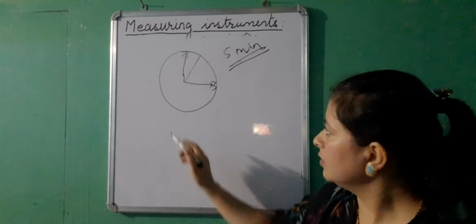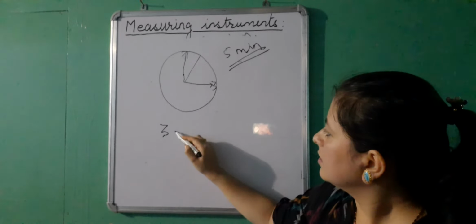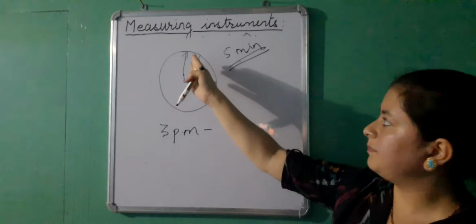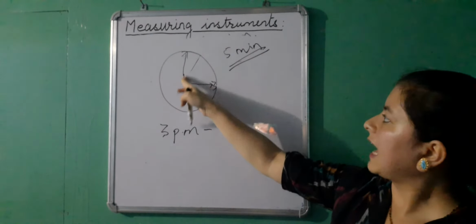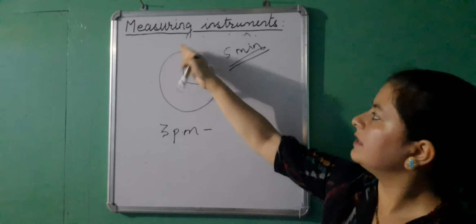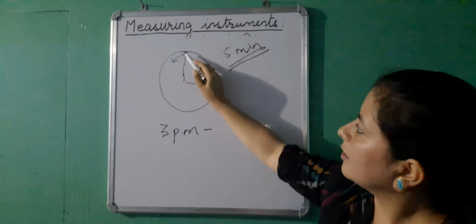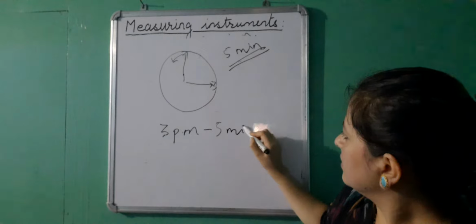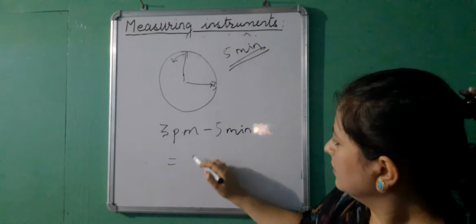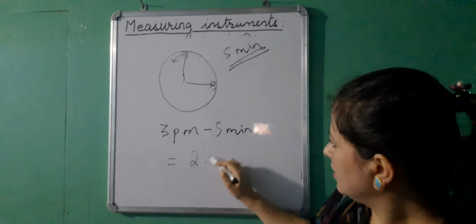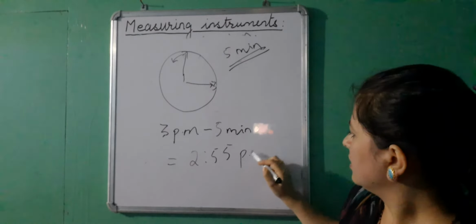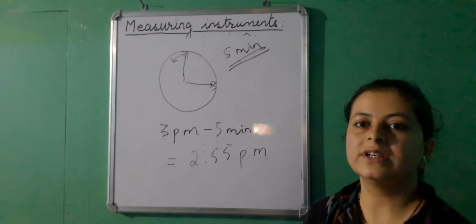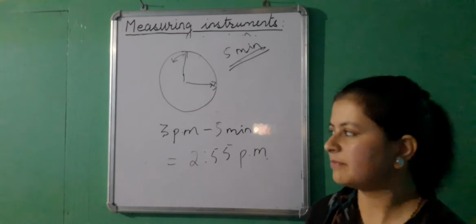So what I'm going to do is subtract from 3 p.m. because it is ahead. It is showing 3 p.m., but actually it is already ahead by 5 minutes. So the actual time is somewhere lagging behind. So 3 p.m. minus 5 minutes will be equal to 2:55 p.m. So knowing the error, I can adjust the time to have the correct measurement.